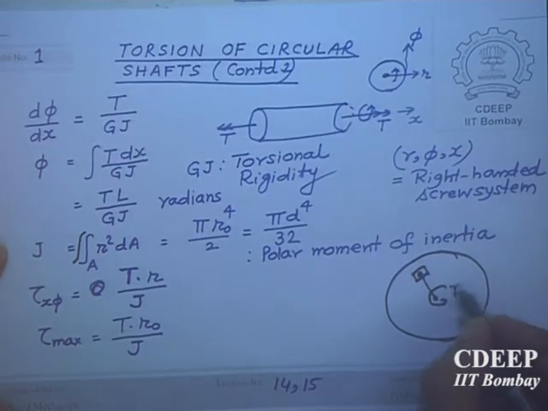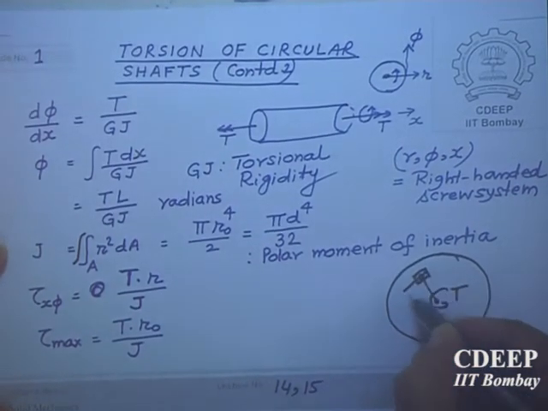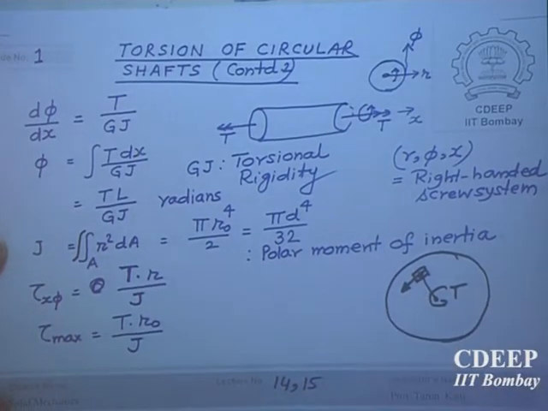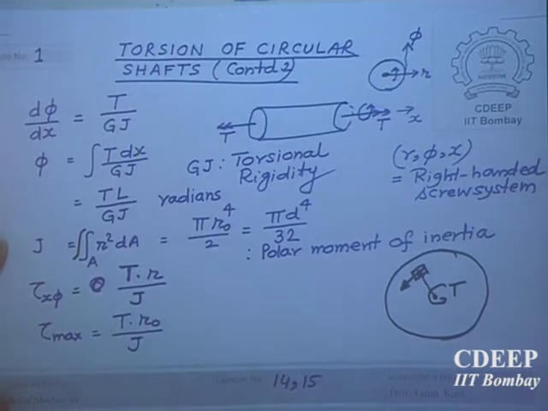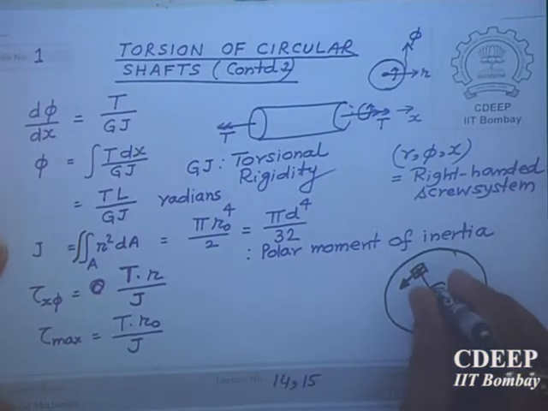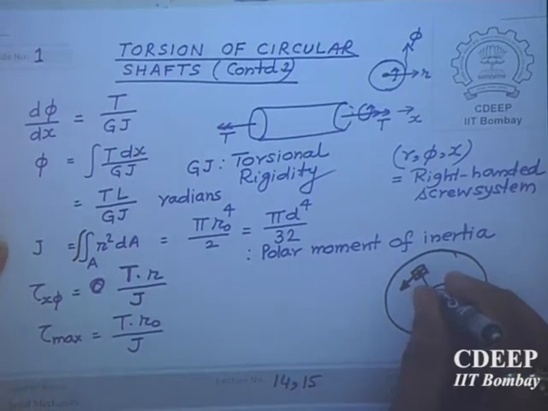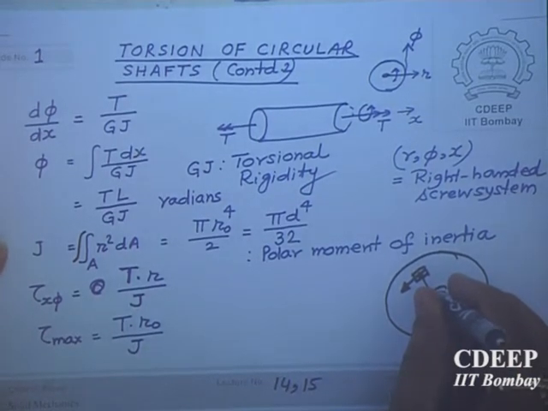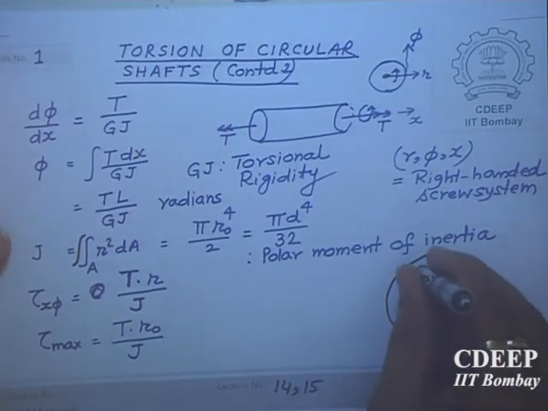Shear stress is a stress which is in the plane. Which plane? X equal to constant, X is this. So it is a shear stress, parallel to the plane. It is within the plane itself.